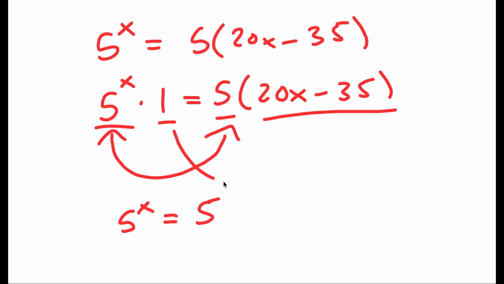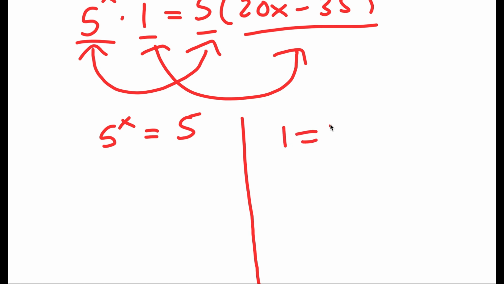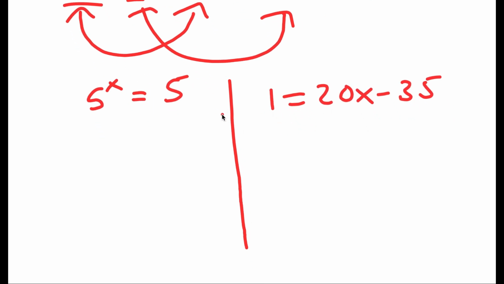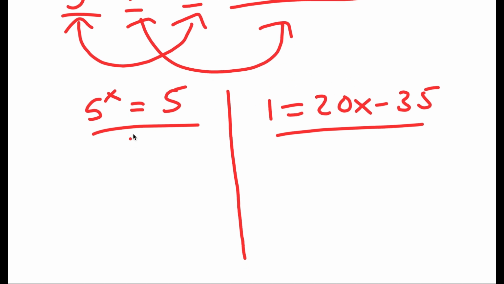And I'm going to set 1 and 20x minus 35 equal to each other. And essentially, if the solution to this equation is equal to the solution to this equation, that means that we have our solution. If not, then we have to try another method.